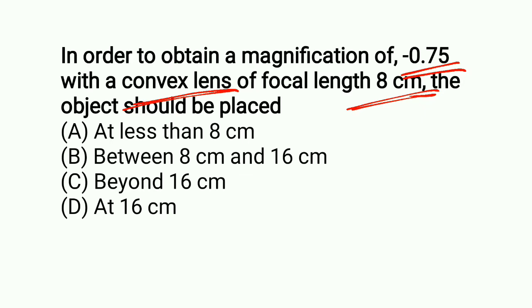The convex lens produces a diminished image only under two conditions: one is when the object is at infinity, and the second is when the object is beyond the center of curvature. Here the focal length is 8 centimeter, so if you double it, the center of curvature is 16 centimeter. If you keep the object beyond the center of curvature, you will get the magnification of 0.75. So option C, beyond 16 centimeter, is the correct answer.